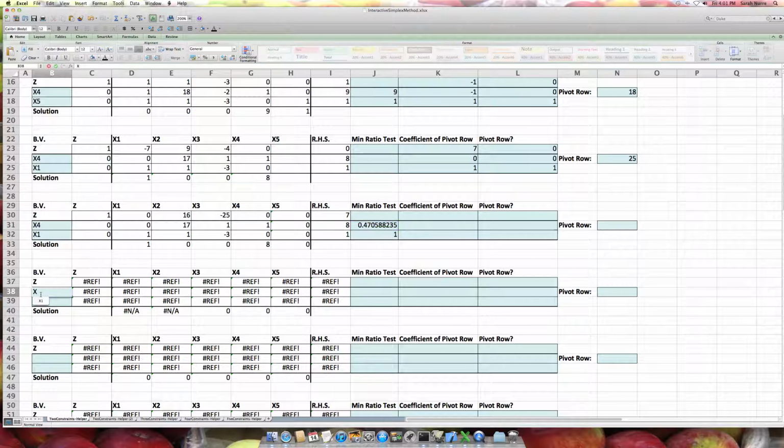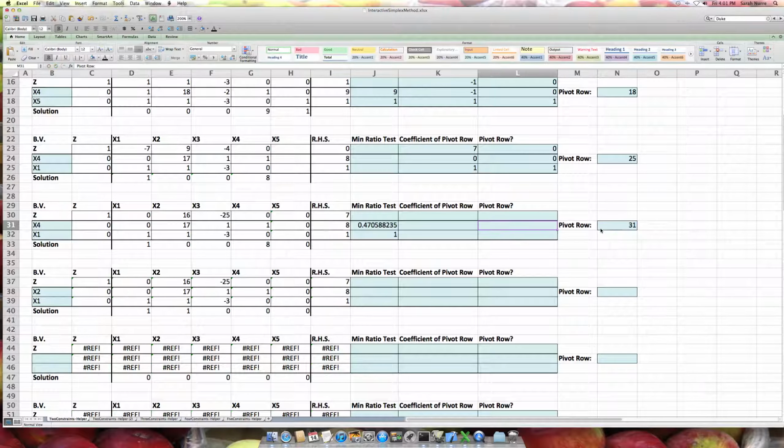So here I have x2 and x1 stays the same. I'm realizing 31 here is my pivot row. I'm going to enter 0, 1, 0 for the pivot row because this is my pivot row. And now I need to do coefficients. I want to get this value to 1 and the rest 0.